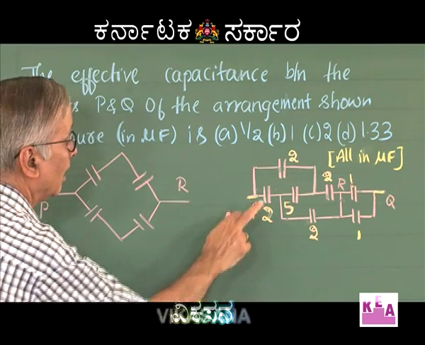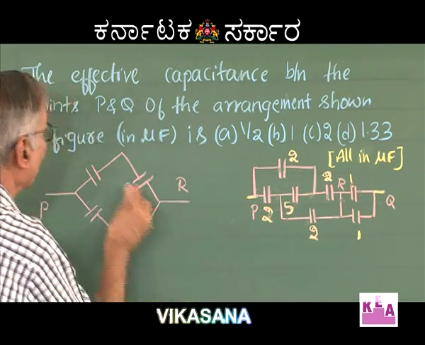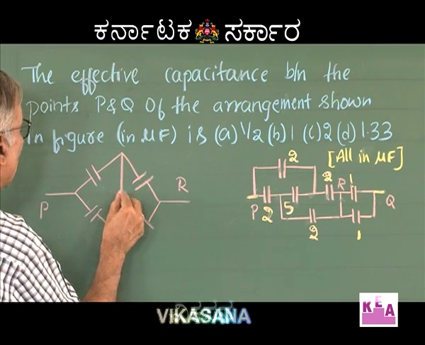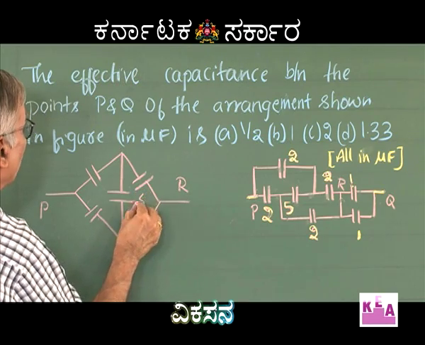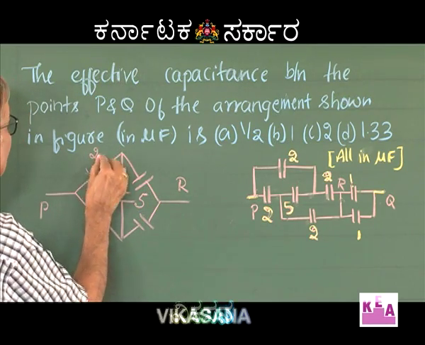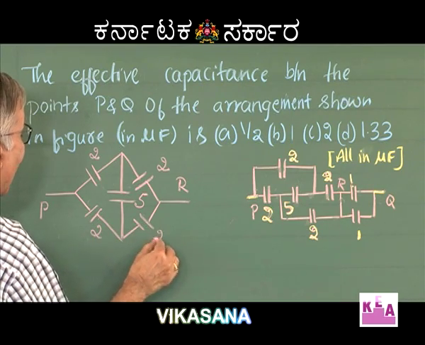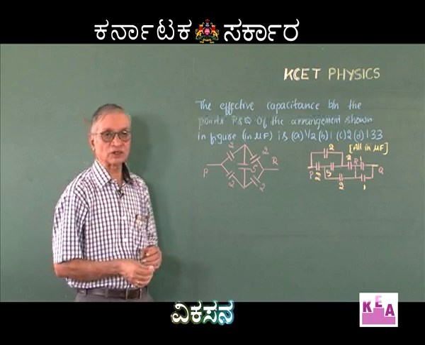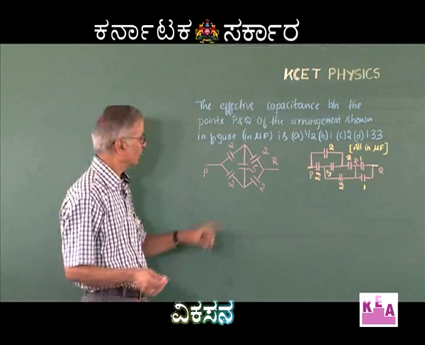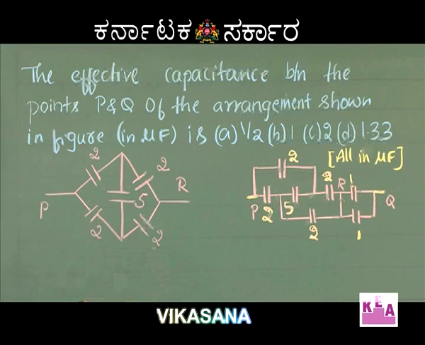Note that between this point and this point, there is another capacity, that is 5 microfarad, while the other capacities are 2 microfarad each as shown in the figure. A little consideration will show you that 2 by 2 is equal to 1, 2 by 2 is equal to 1.